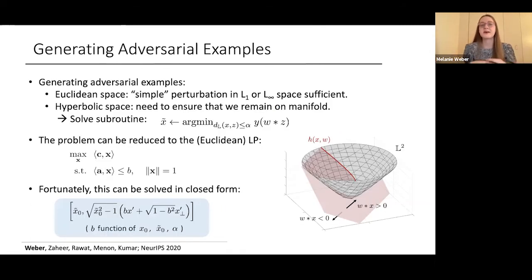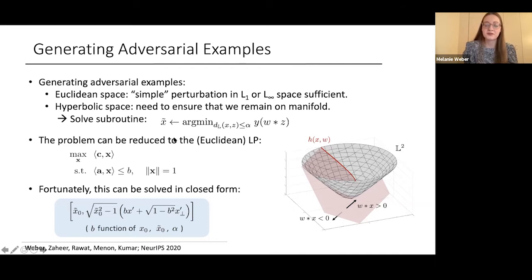So very briefly, generating adversarial examples in hyperbolic spaces. In Euclidean spaces, it is usually enough to add a simple perturbation in the L1 or L infinity norm to a point to generate an adversarial example. In hyperbolic spaces, we have the added difficulty that we have to remain on the manifold.